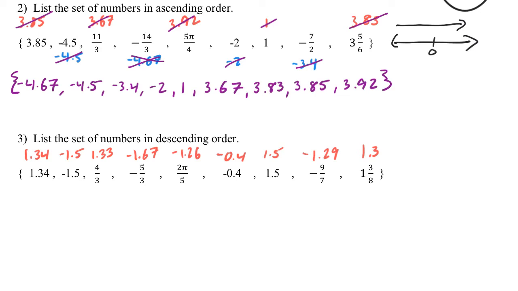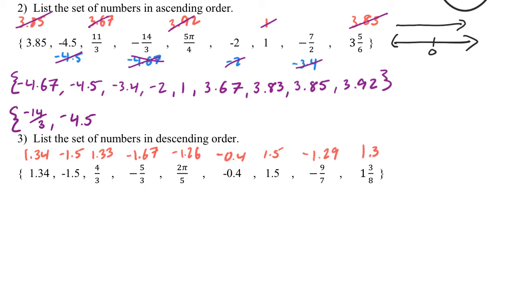So this is a set of numbers. You want to keep yourself in set notation whenever possible. And because these are only approximates, right, we did some rounding, we want to rewrite our final answer in the original format that the number came in. So negative 4.67 was originally negative 14 thirds, and we did a little bit of rounding there. Negative 4.5 was always negative 4.5.